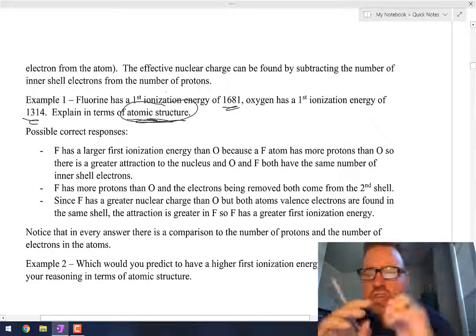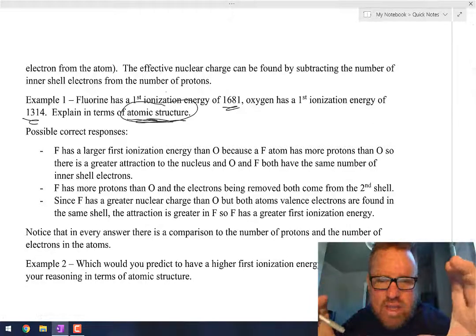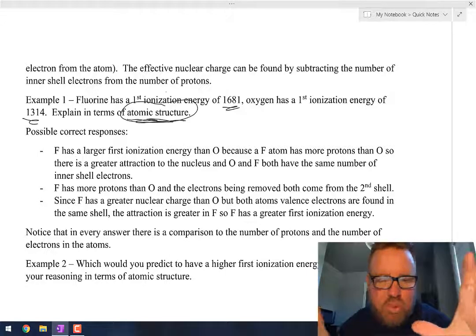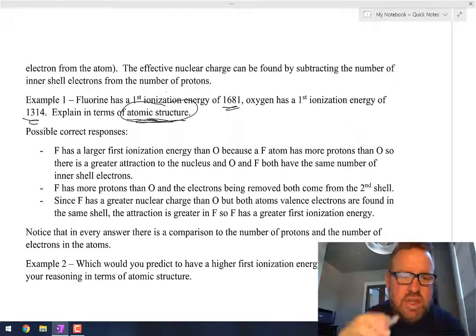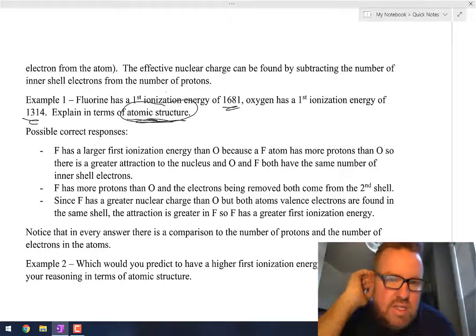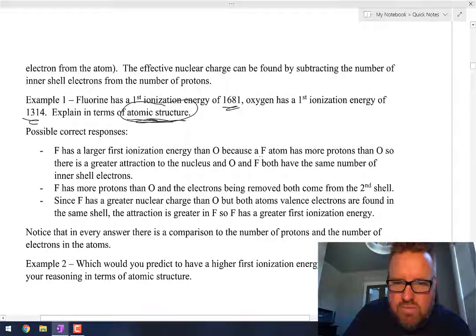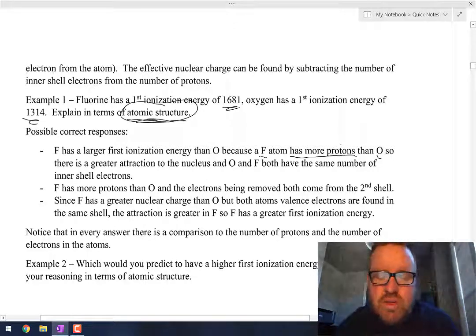And again, guys, there's no perfect way to say it. There's lots and lots of great ways to say it that will get you all of the points and show that you understand. So here are some possible answers. Fluorine has a larger first ionization energy than oxygen because a fluorine atom has more protons than oxygen. Don't just say it. What's the it?